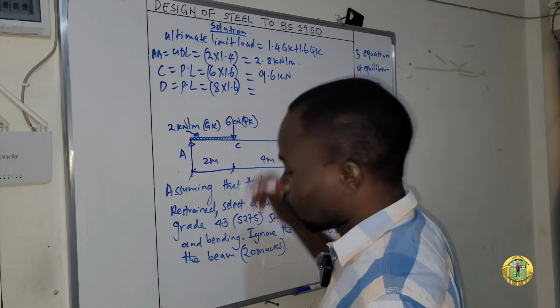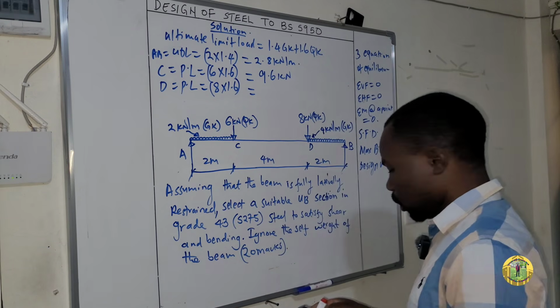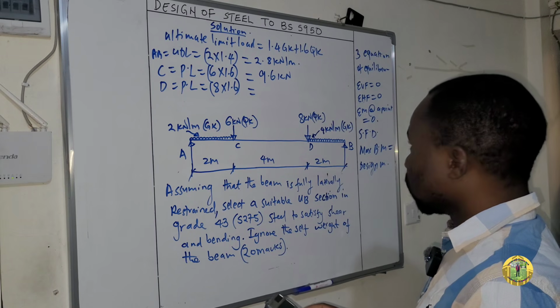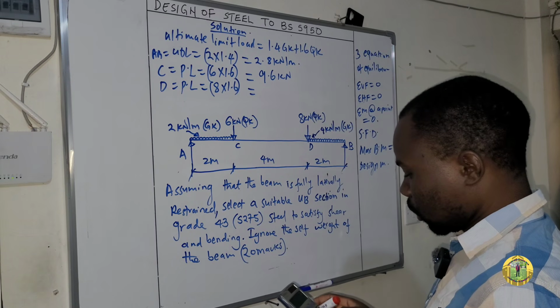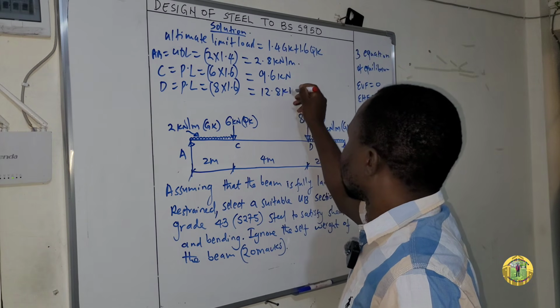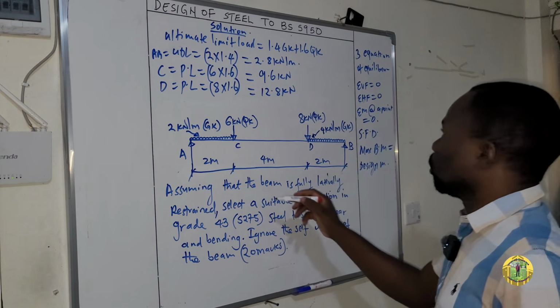So this one is equal to 8 times 1.6, which is 12.8 kilonewton. We'll come to DB.